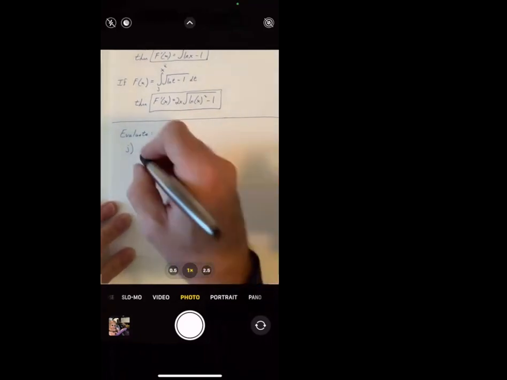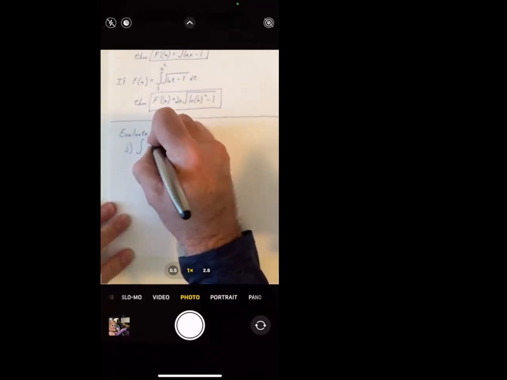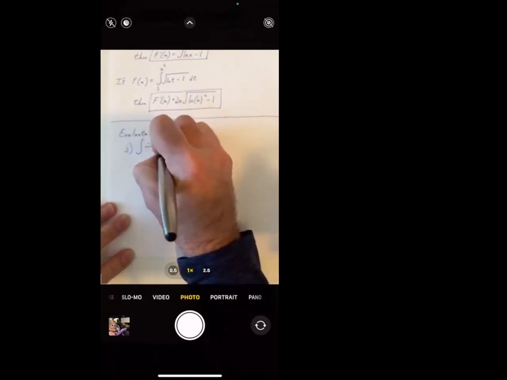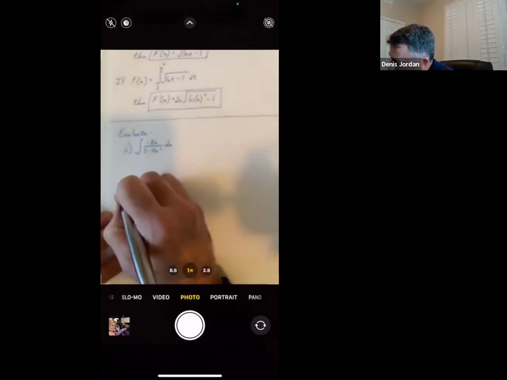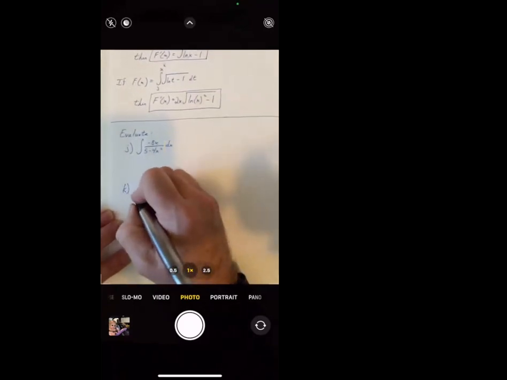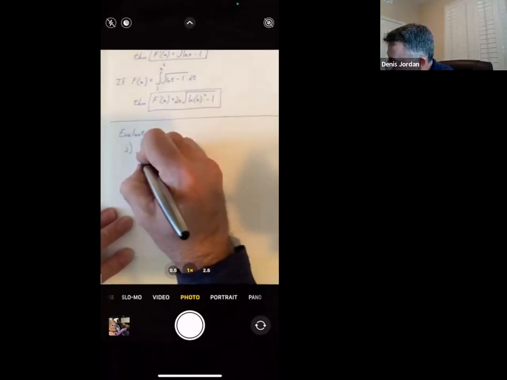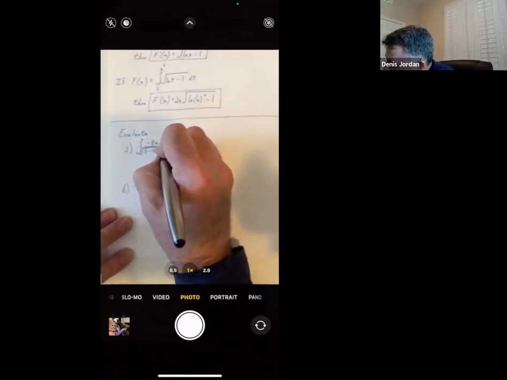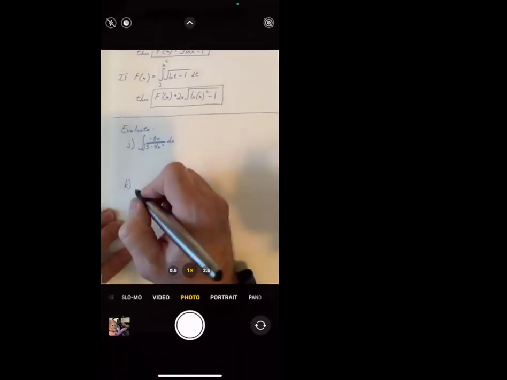Sure, so it's the integral of negative 8x over the square root of 5 minus 4x squared dx. J is with a square root on the bottom. Okay, and K?